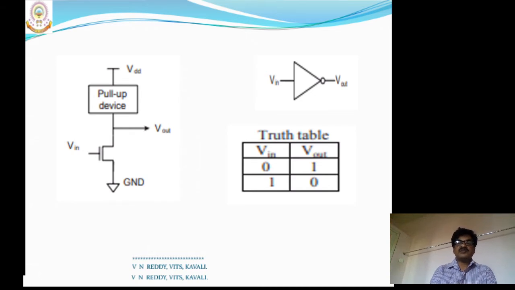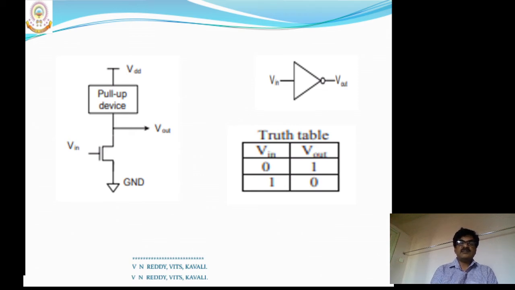Here you can observe whether the inverter output is complement of the input or not. Suppose if the Vin is 0, what about the output voltage? 1. It is the complement of the input. Similarly, suppose if the input is 1, logic 1, the output is logic 0. So in both the cases, the output is complement of the input. So the NOT gate is considered as an inverter.